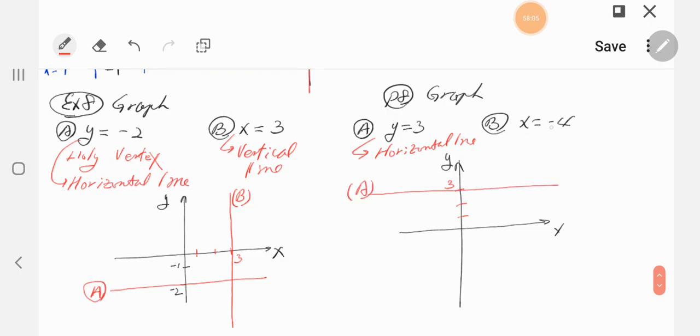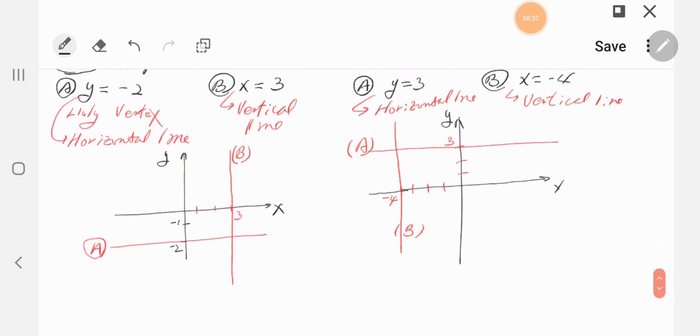B is x equals -4. So 1, 2, 3, 4, let's say this is -4. This is the vertical line. The vertical line always has the same x value.